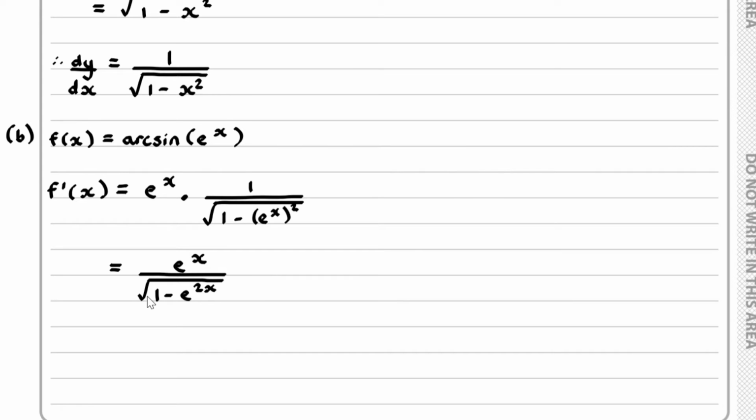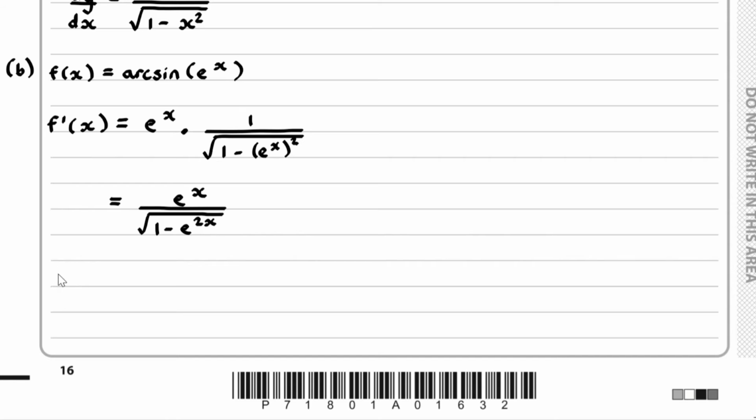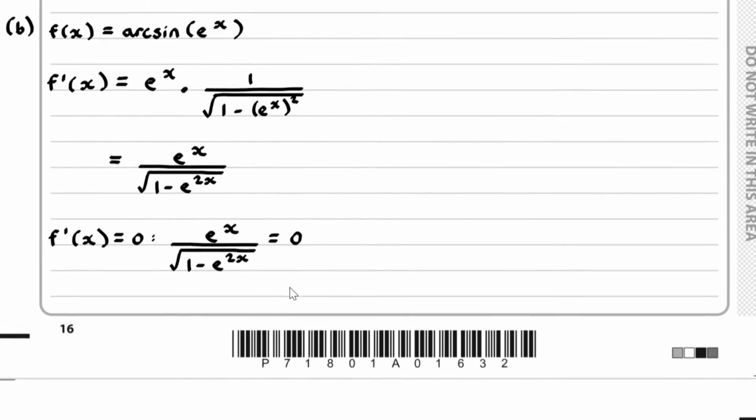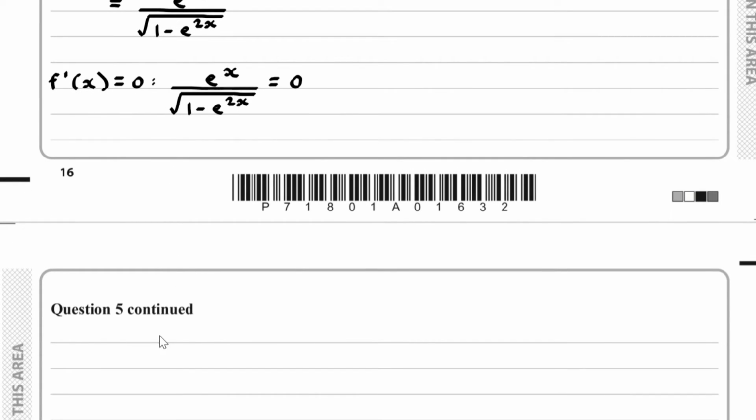So, if we have f dash of x equaling 0, because we are concerned with stationary points, that would mean that e to the x over the square root of 1 minus e to the 2x is equal to 0. And therefore, we have e to the x equaling 0.